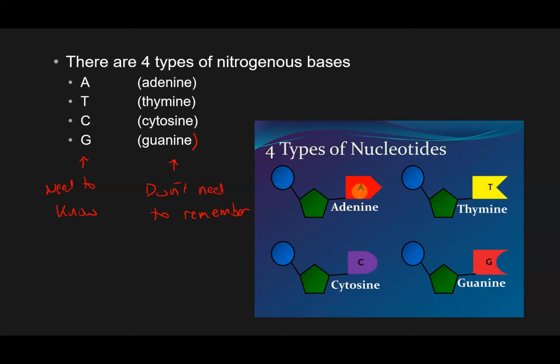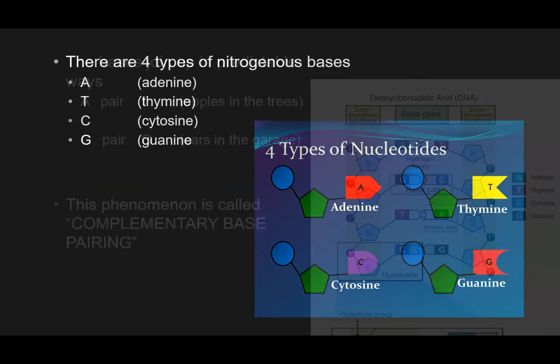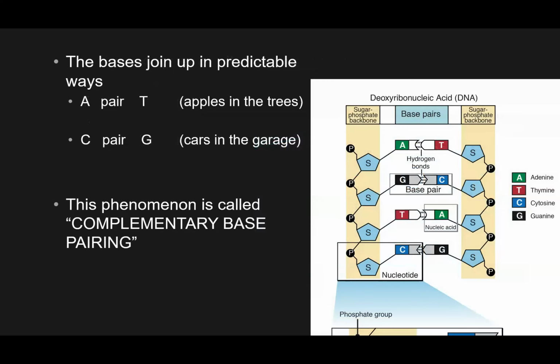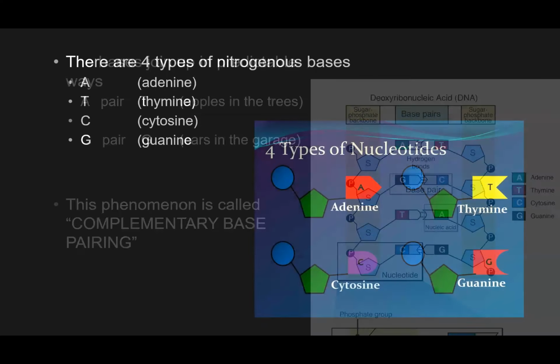Now, some of you may be looking at this and seeing that as they've drawn this here, they have these individual shapes. So adenine has this shape, thymine has this shape, cytosine and guanine have these individual shapes. So think about that. Think about what you're seeing, if you notice any patterns between those 4. And hopefully you may have realized that they have complementary shapes.